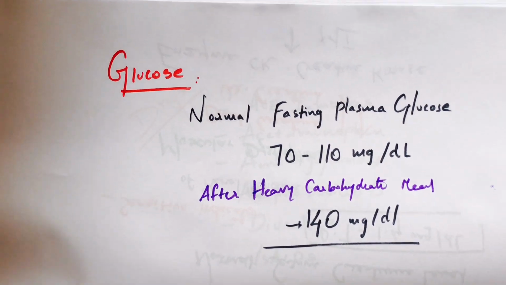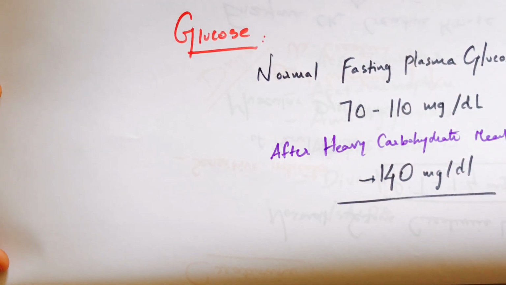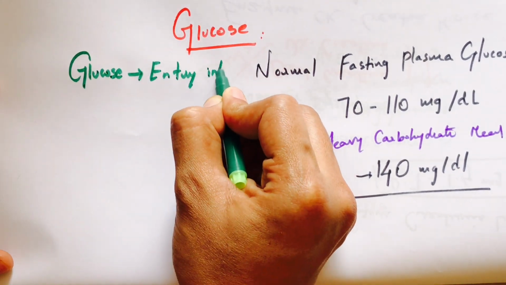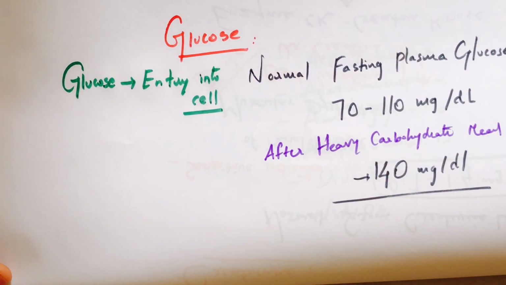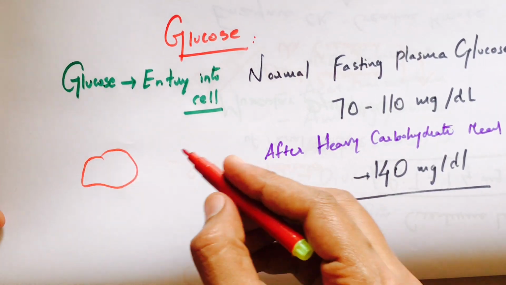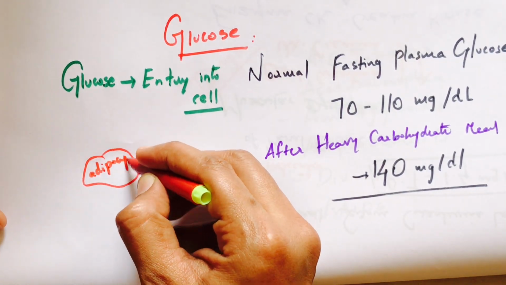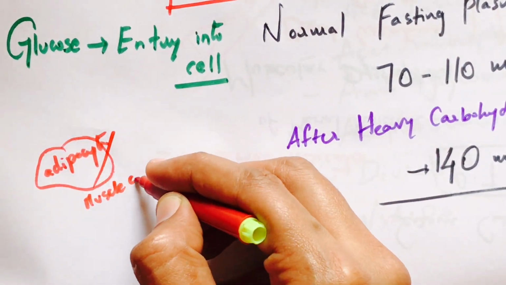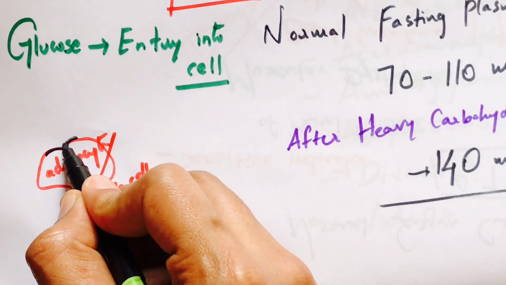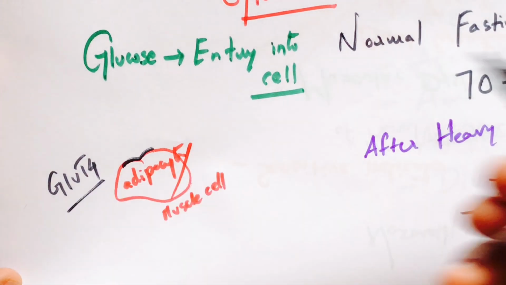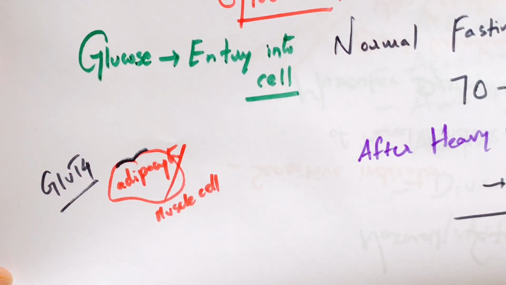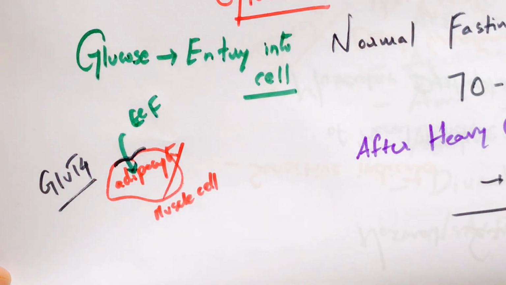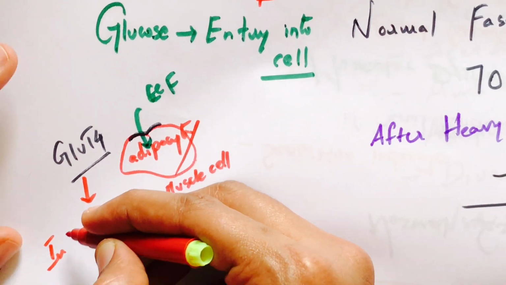So let's see about the glucose entry into the cells. Normally the glucose enters into cells like adipocytes or muscle cells. They possess a receptor called GLUT4, and glucose binds to this receptor from the extracellular space to intracellular.